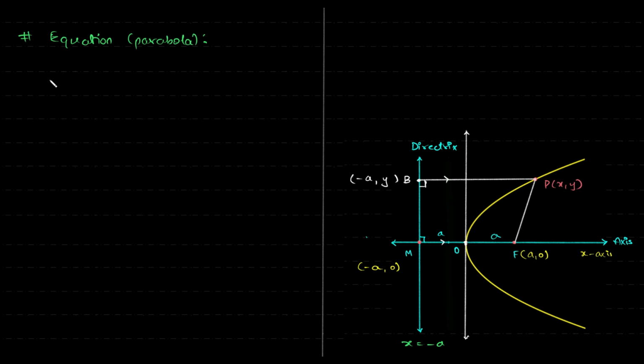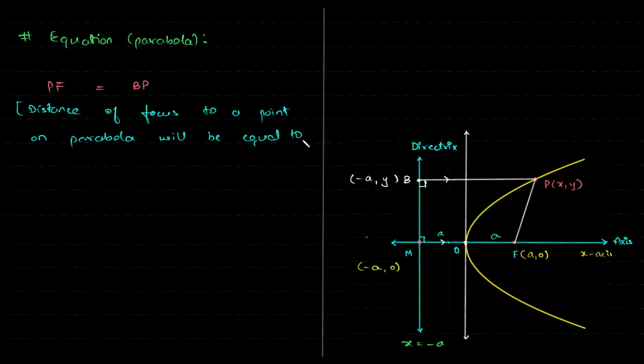Now, using the fact that PF should be equal to PB, the reason being, that's the whole idea: the distance of the focus to a point on the parabola will be equal to the distance of the same point to the directrix.